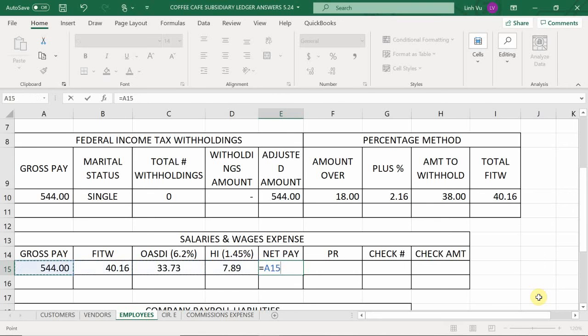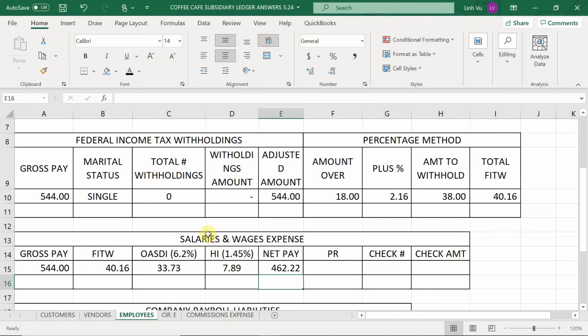How much are we actually going to pay her? $462.22. $462.22. Okay. So in this case, what journal are we going to write this in, what check number are we going to write her, and what was the check amount?